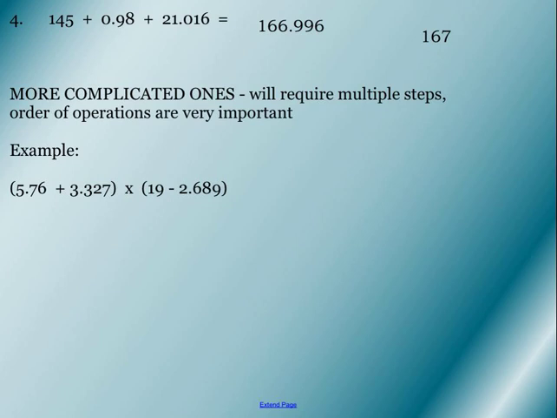The last one is when you're doing different operations. It's fine if you're doing all multiplication and division, or all adding and subtracting, but when you start crossing over, you have to be careful. The first thing you need to do is do each part in steps.